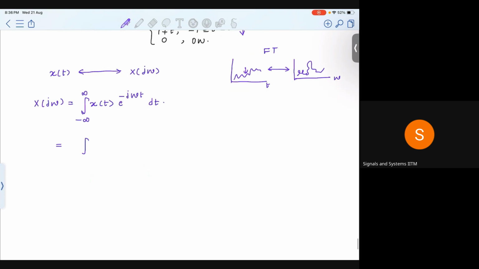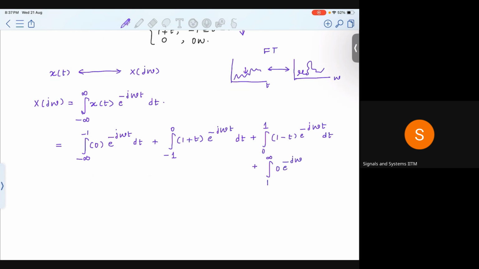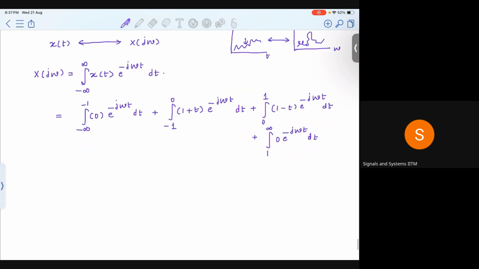From minus infinity to minus 1, x of t is 0, e power minus j omega t dt, plus from minus 1 to 0, it is 1 plus t, e power minus j omega t dt, plus from 0 to 1, 1 minus t, e power minus j omega t dt, plus the integral from 1 to infinity of 0. And then you need to solve this.